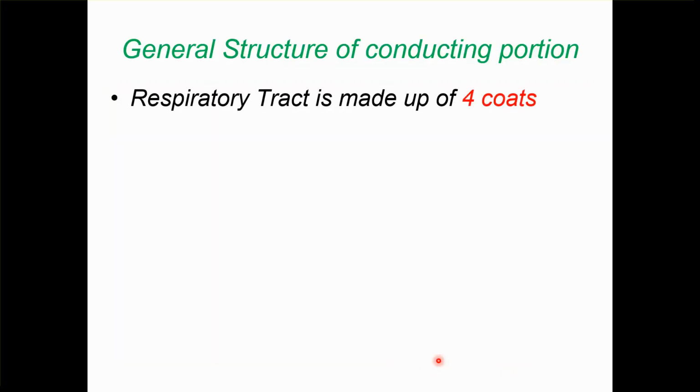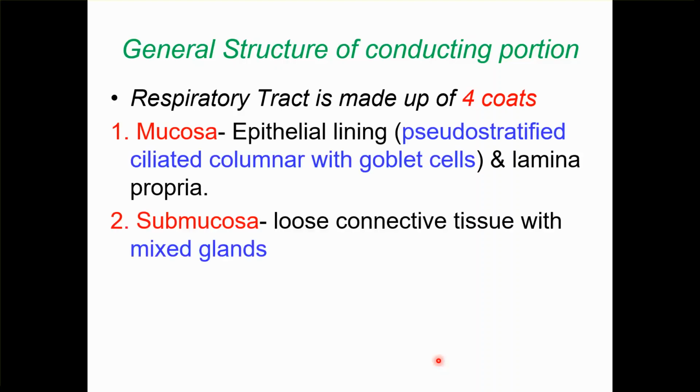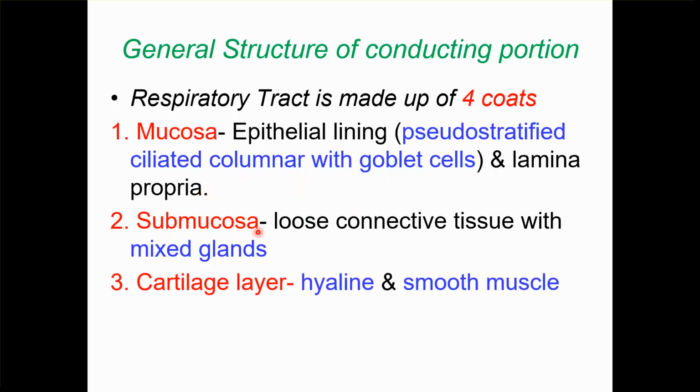So the general structure of the conducting portion, the respiratory tract, consists of four coats, namely, first is the mucosa. The epithelial lining of the mucosa is pseudostratified ciliated columnar cells with goblet cells and lamina propria. The next layer is called the submucosa, below the mucosa, which consists of loose connective tissue with mixed glands.